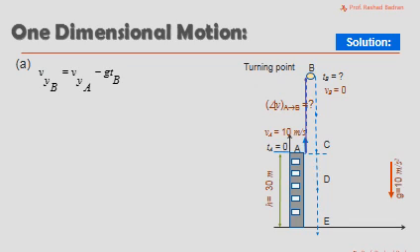The initial velocity is 10 meters per second, with a positive sign as the ball goes up, and the time at point B is required. Simply by putting these values, VB equals 0 and V initial equals 10, we get the time of 1 second at the maximum height.